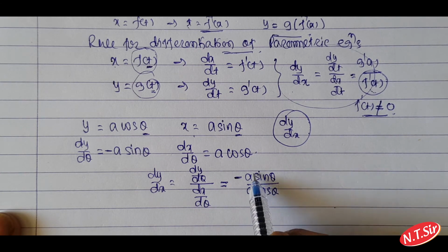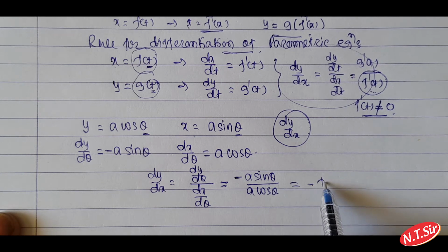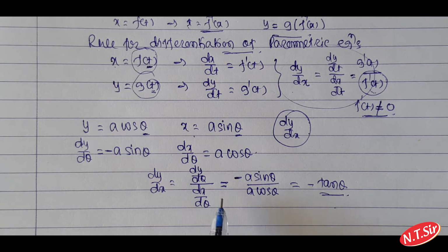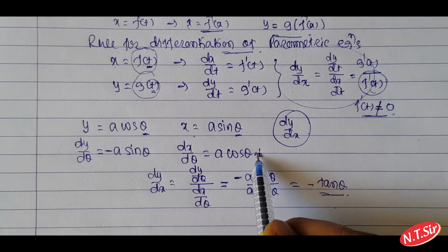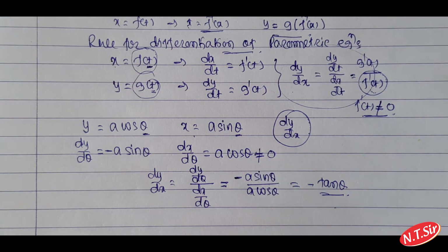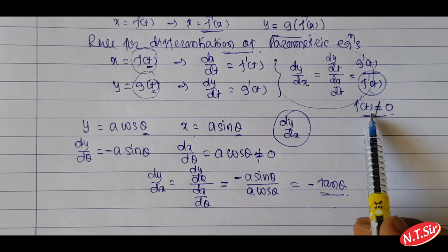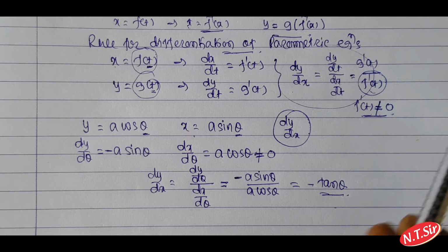So a will cancel, and the answer will be minus tan theta. Where dx by d theta must not be equal to 0. Remember this, as here dx by dt, f dash t, is not equal to 0.